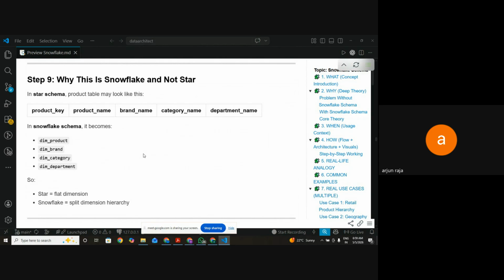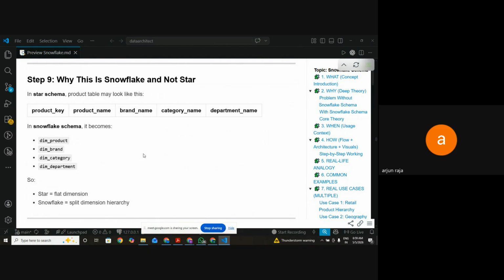Why is this Snowflake, not star? In a star schema, the product table may look like this: product key, product name, brand name, category name, department name. In a Snowflake schema, it becomes dimension product, and then dimension brand, dimension category, dimension department.